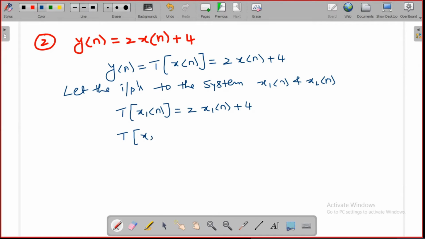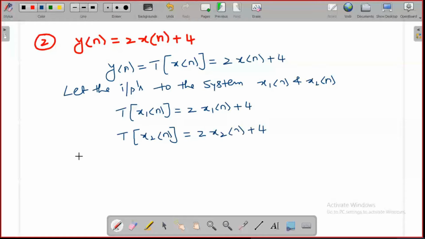For the second input, the response is T of x2 of n. In place of x of n, write x1 or x2. Okay, 2x2 of n plus 4.